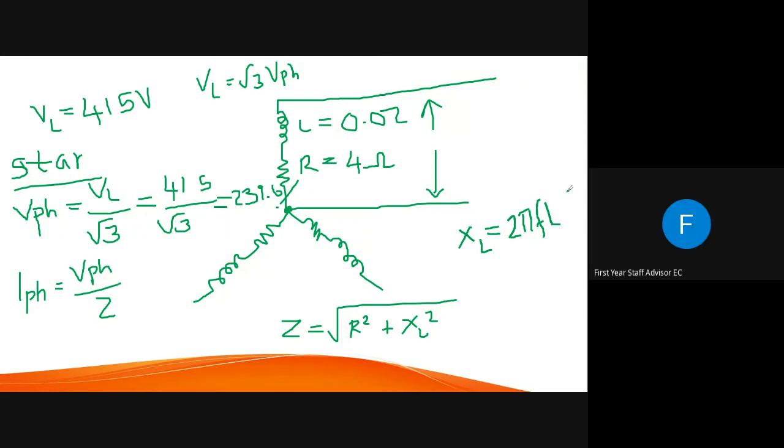Anugrah, present, sir. Ashwant, present, sir. Dhyan, present, sir.